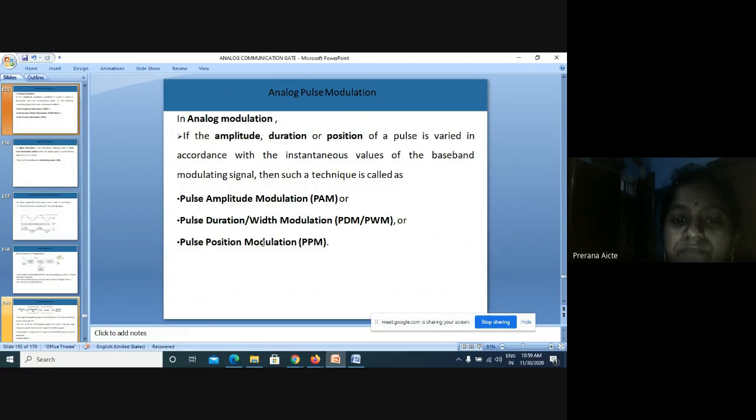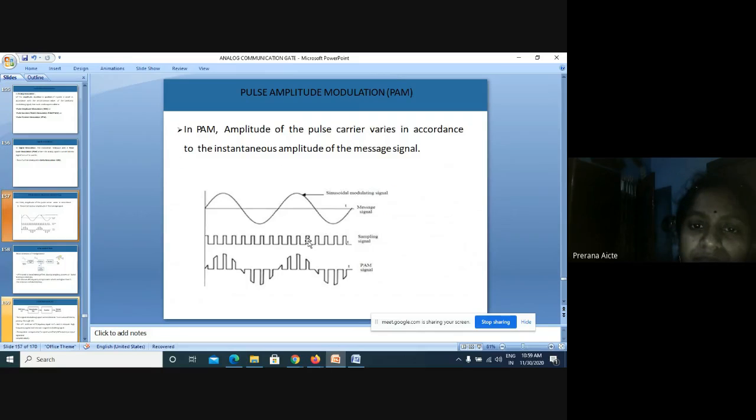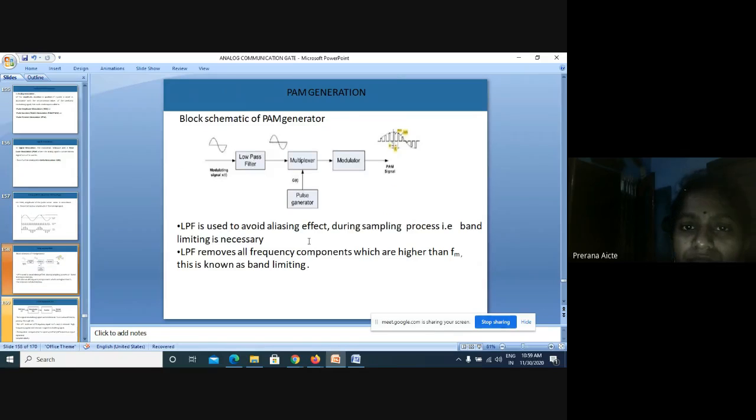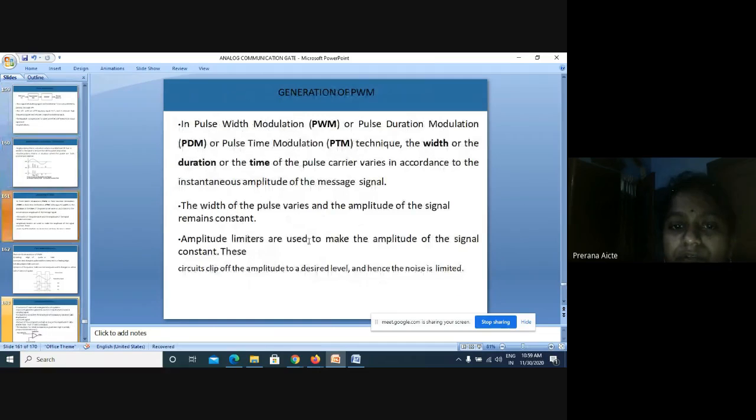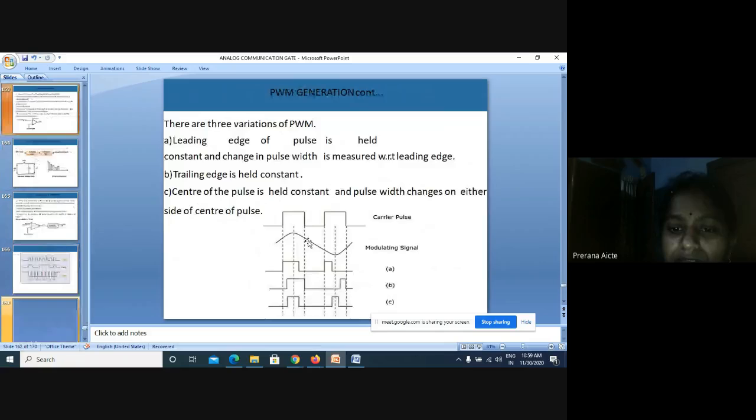For PPM, at the trailing edge of the PWM, we get a pulse, and that is the PPM signal. This is how we generate PWM and PPM signals.